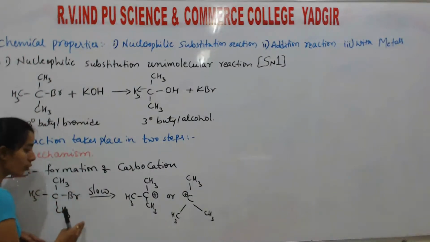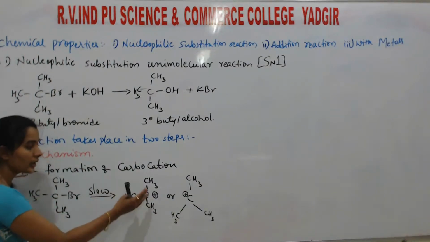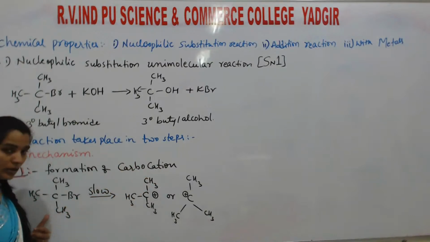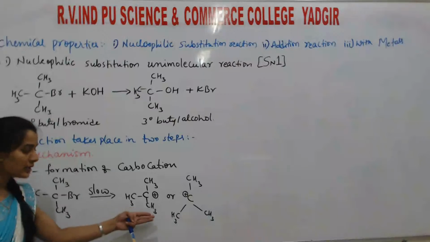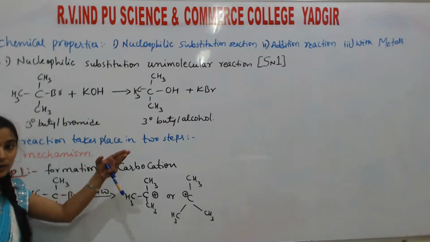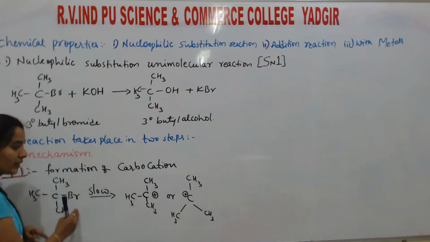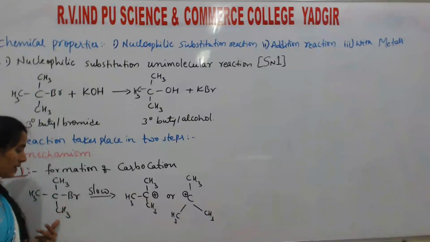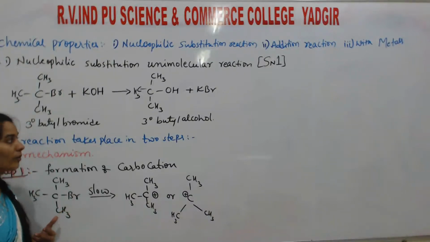The amount of carbocation formed from tertiary butyl bromide decides how much product forms. That means the rate of the reaction depends upon the concentration of butyl bromide, not on KOH.